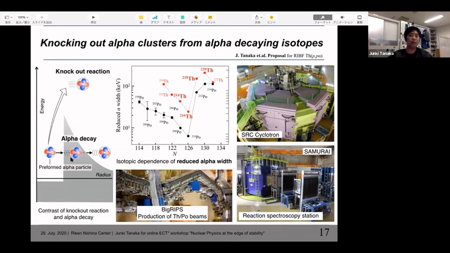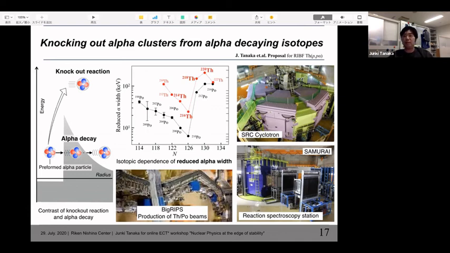In the left figure, it illustrates a good aspect of the (p,pα) reaction, that the (p,pα) reaction can give the kinetic energy to the preformed alpha particles to get out of the Coulomb barrier easily, which shows the contrast to the alpha decay, where the half-life is so sensitive to the barrier penetration.